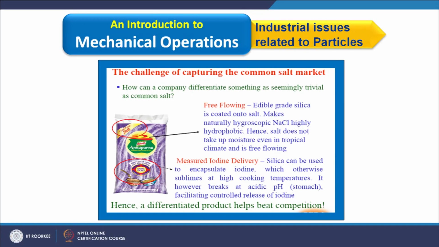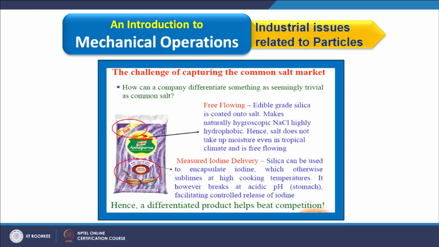So, accordingly the success and failure of the product occur. Some industrial issues are related to the particle size. Here I am taking one example of common salt, in which, in this particular figure, we have basically free flow salt.